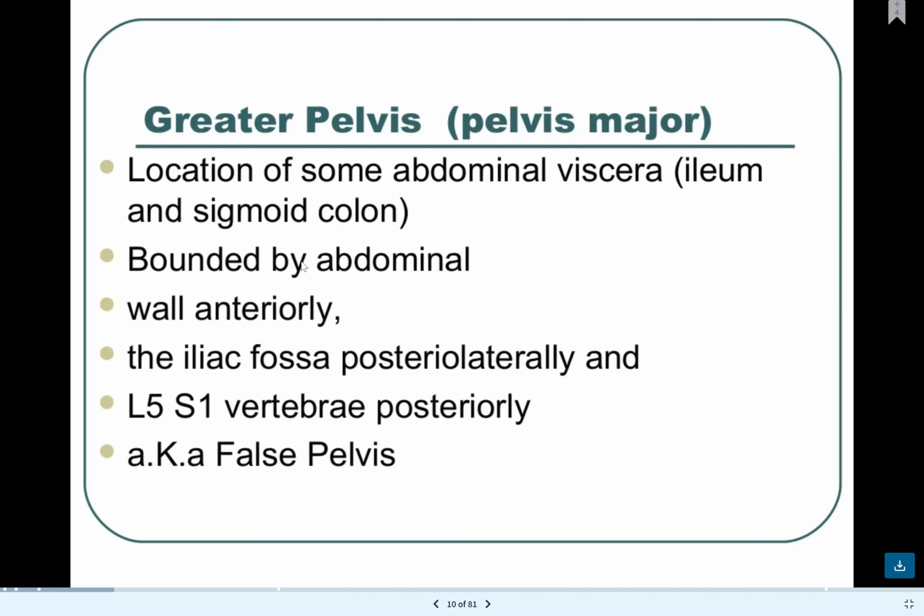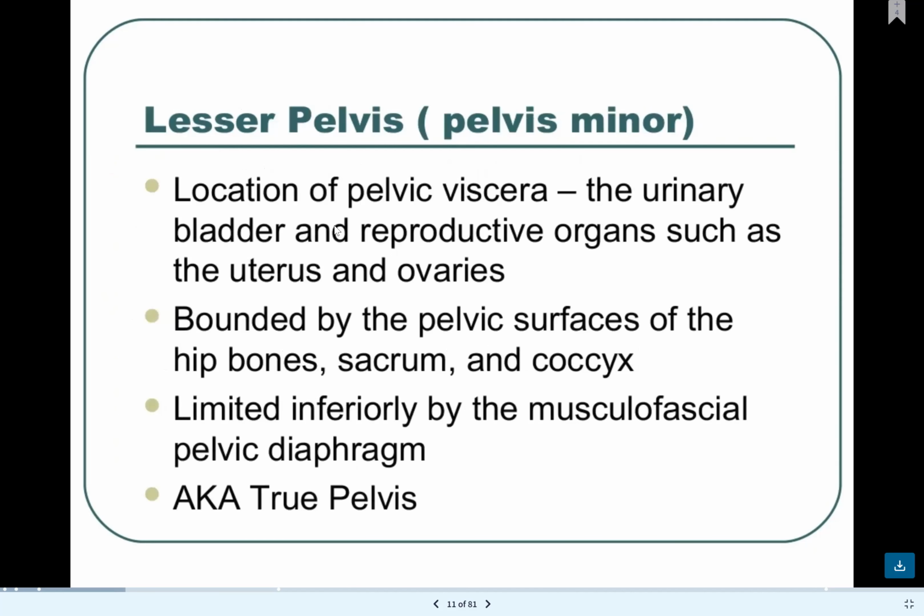The iliac fossa forms the posterolateral boundary, and the L5 and S1 vertebrae form the posterior boundary. This is a bit above the main pelvis, so we call it the false pelvis.